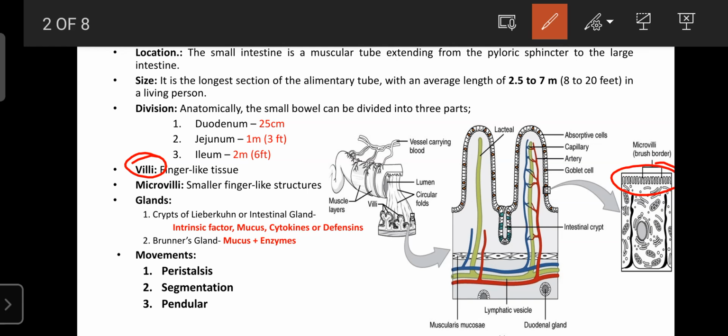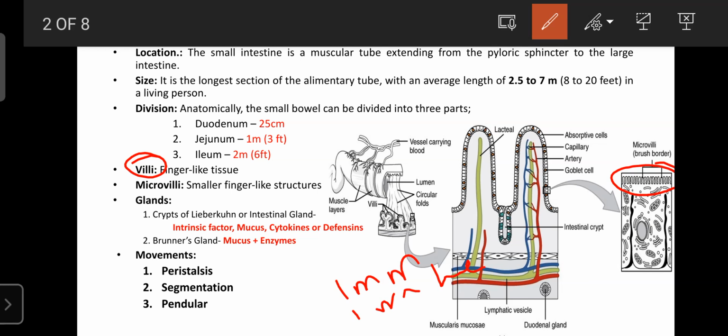It is the lining of the small intestine where one special projection is present, that finger-like or hair-like structure is known as the villi, and each villus has a 1 millimeter diameter and 1 millimeter height.